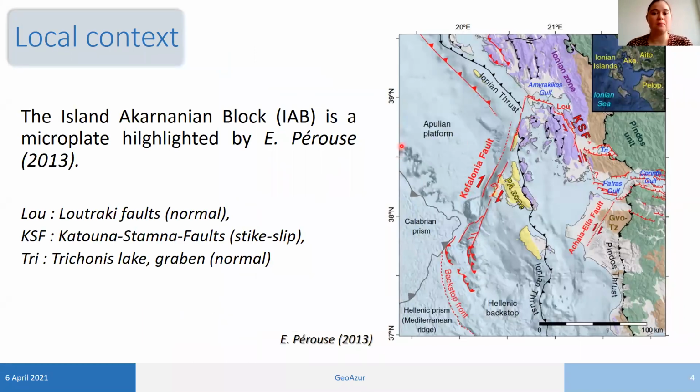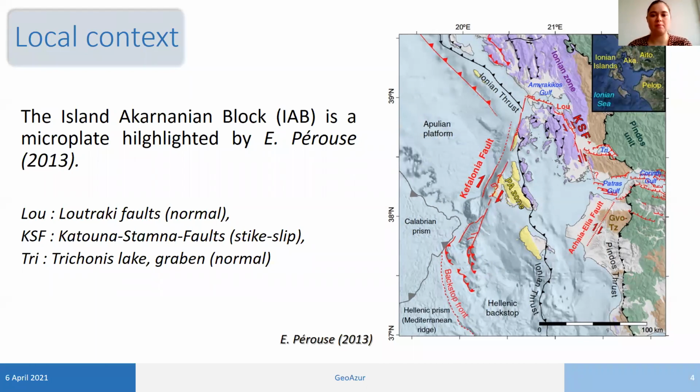Then we are in the middle of those biggest structures, and there is a microplate highlighted by Eugénie Perrouse in 2013, named the Ionian Akarnanian Block, IAB. This microplate is located to the northwest of the Corinth Gulf, here, that's an extensional zone, and to the east of the Kefalonia Fault, just here, that marks the limit with the Eurasian plate.